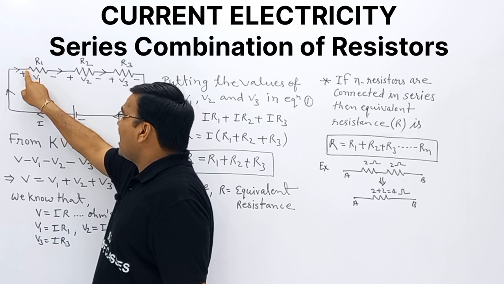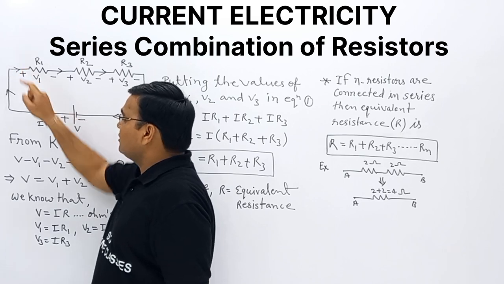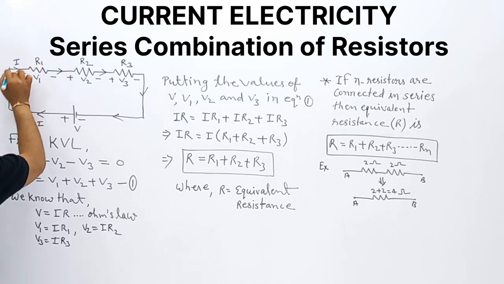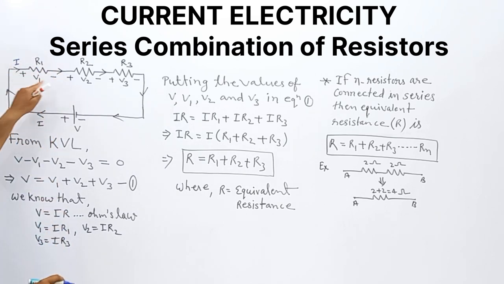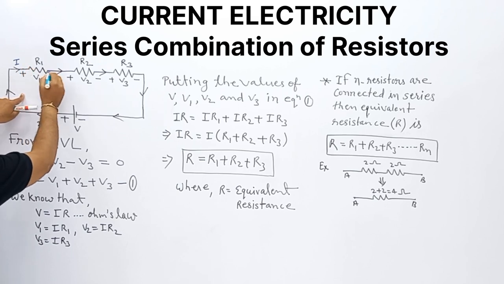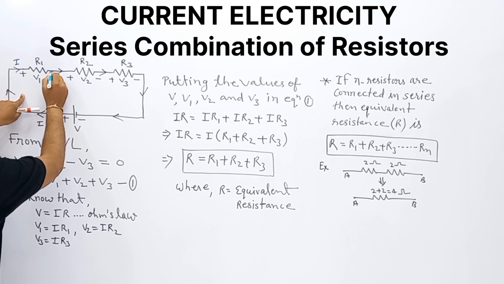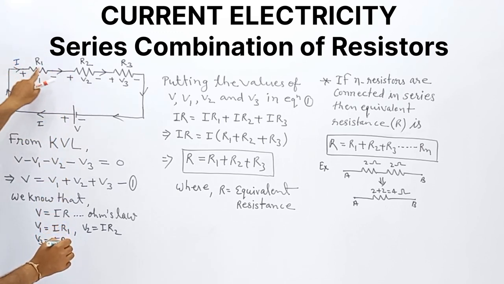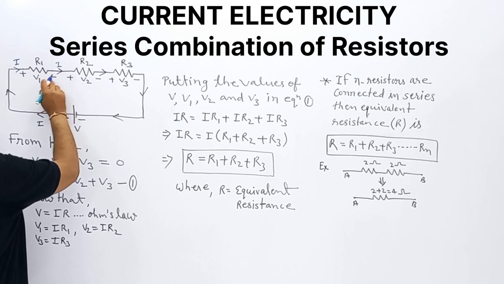When current I enters resistor R1, that entering point is positive, and the leaving point will be negative.